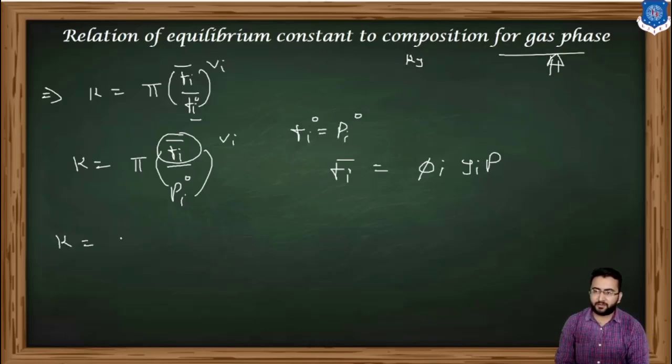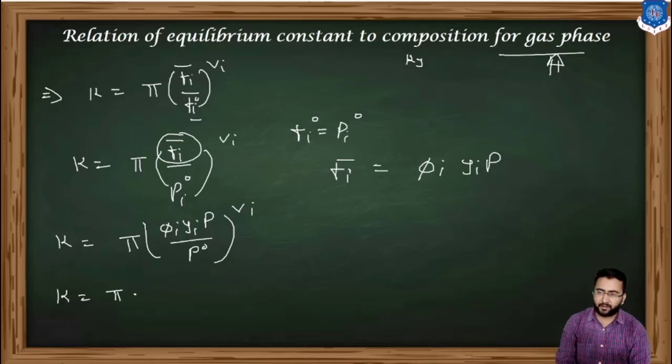So K is equal to Pi of phi i yi P upon P naught, whole raised to vi. This equation becomes K is equal to Pi of phi i into Pi of yi into P upon P naught, whole raised to v.